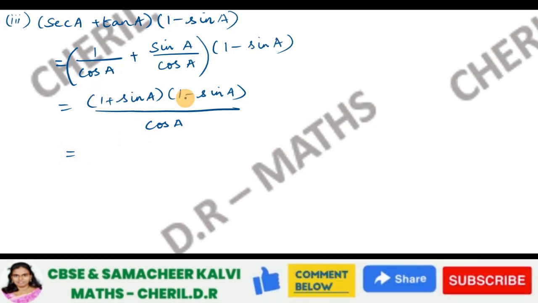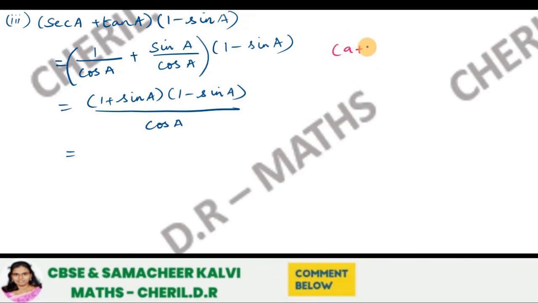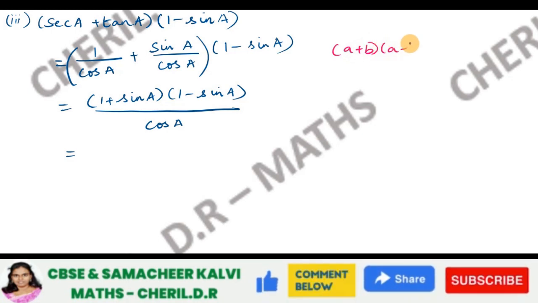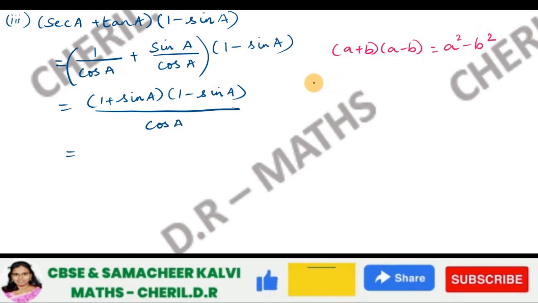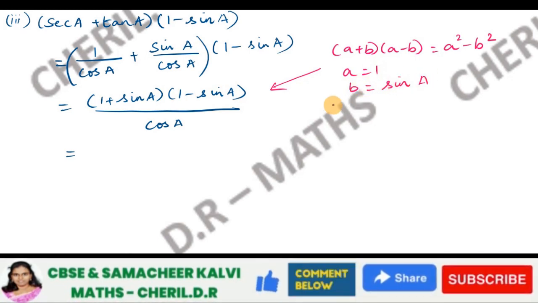So now what do we have here? So we have this of the form A plus B into A minus B, isn't it? So we all know what is A plus B into A minus B. It is nothing but A square minus B square. So if you're going to compare this with this, we are able to see that A is equal to 1, B is equal to sin A. So what will be my A square minus B square?